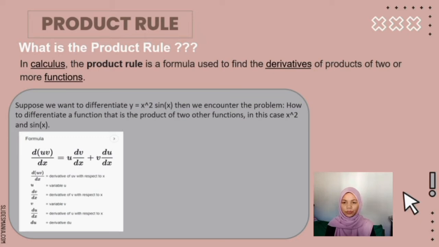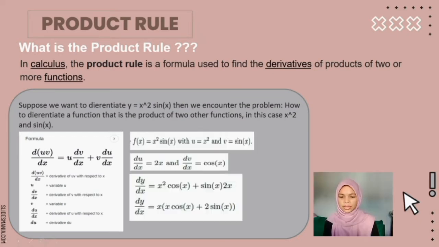Returning to our example, we have f(x) equal to x to the power of 2 sine x, with u equal to x to the power of 2 and v equal to sine x.